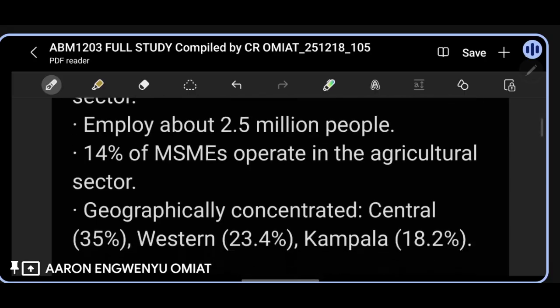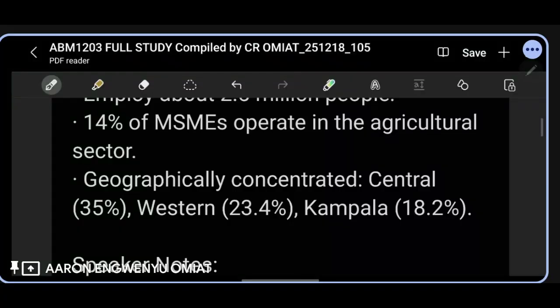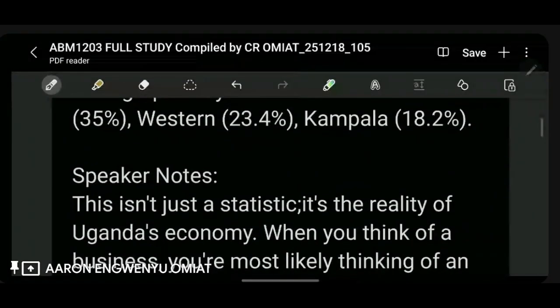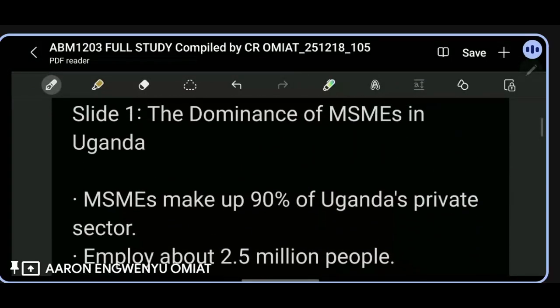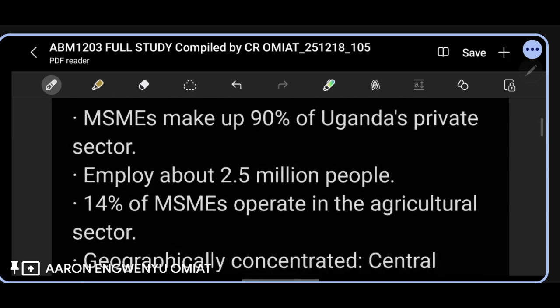Geographically, they are concentrated as shown: Central 35%, Western 23%, Kampala 18%. So this is the introduction. Remember, 90% of Uganda's businesses are MSMEs, and they employ about 2.5 million people. 14% of them are in agriculture.